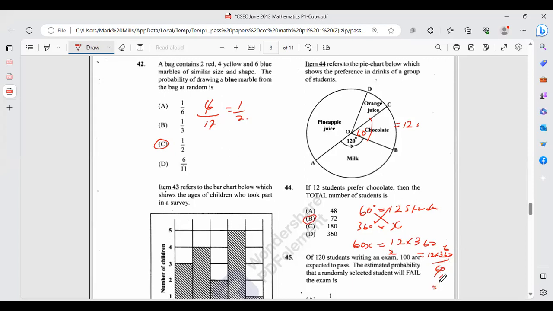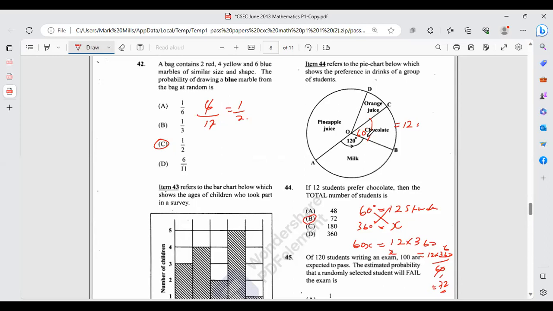Are we clear on that? Sir, why not 48? You can go back over that for me, please. Okay. Remember now, they say 12 students prefer chocolate, am I right? And then how many degrees do we get for chocolate? 60.